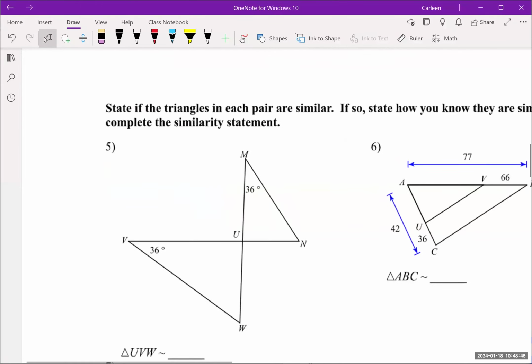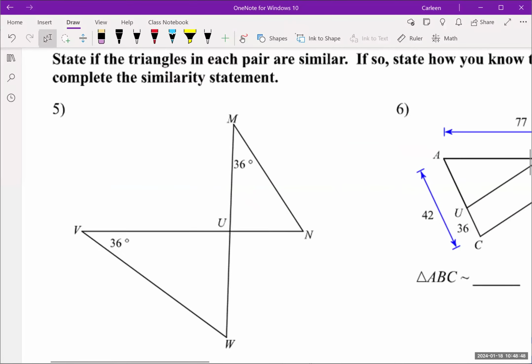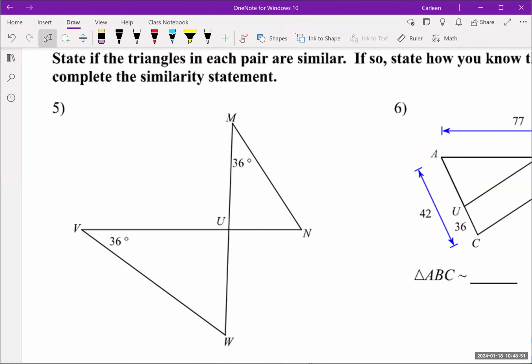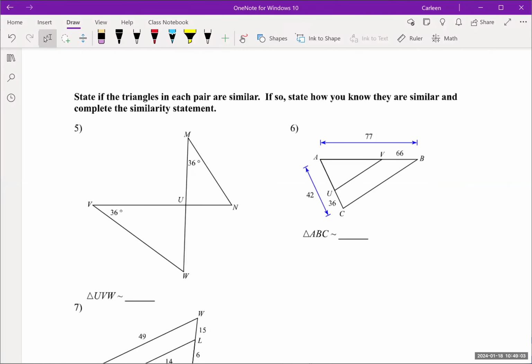Number 5, we're going to prove that they are similar. Okay, so we're going to get into a little bit of proving. So how are we going to prove these are similar? We could say angle, angle. Okay, 2 angles of one congruent to corresponding angles of the other. We could say side, side, side, but this is triangle similarity, not congruence.